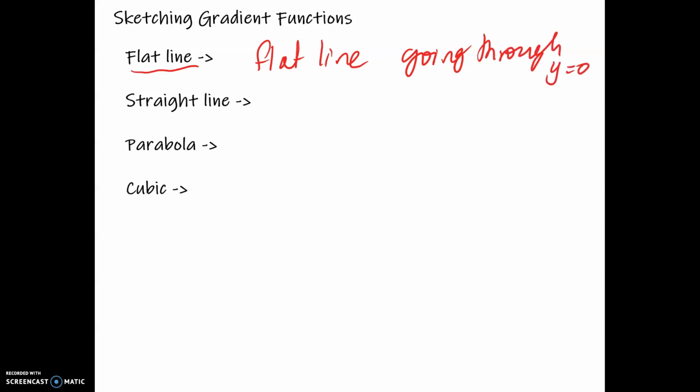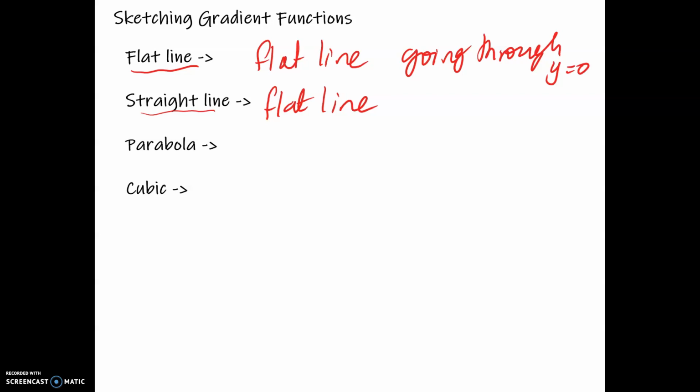Okay, now if you have a straight line, the gradient of a straight line is constant, so the gradient function will be a flat line. If you can work out the gradient, then you can draw exactly at the same point.